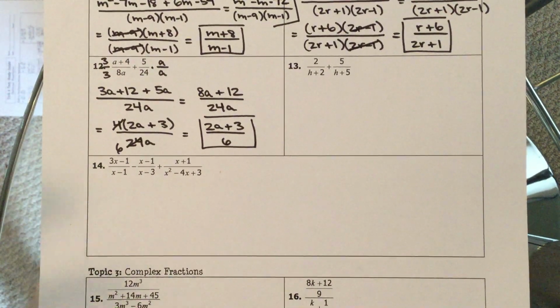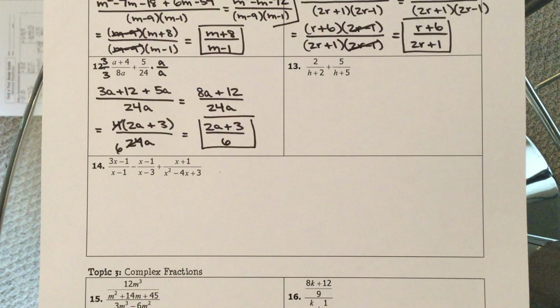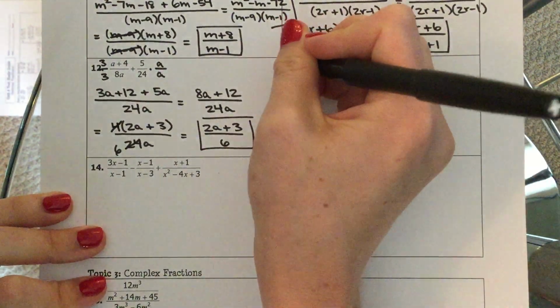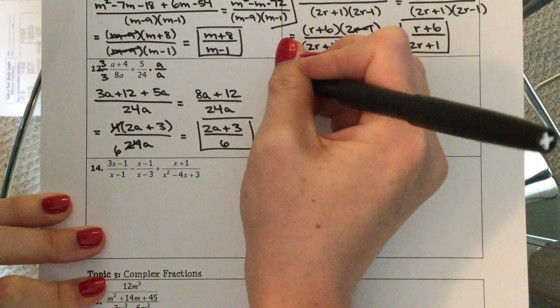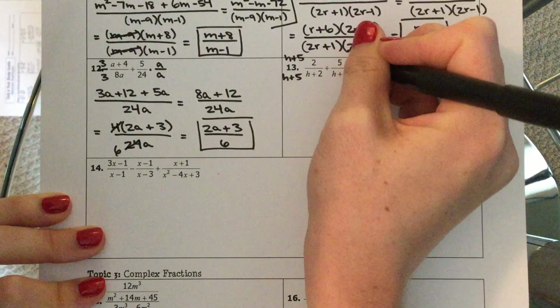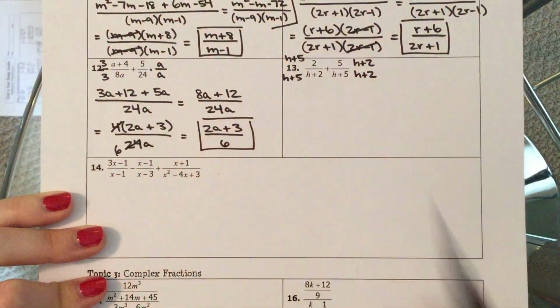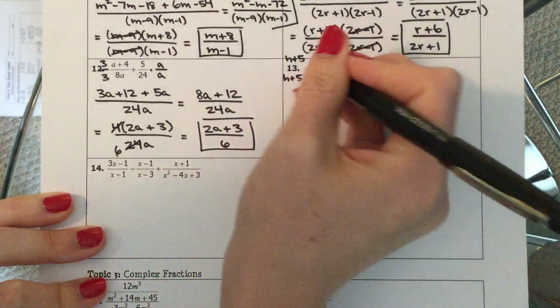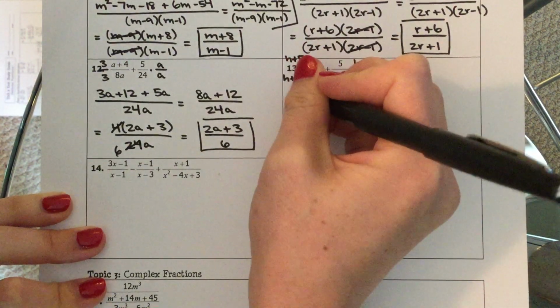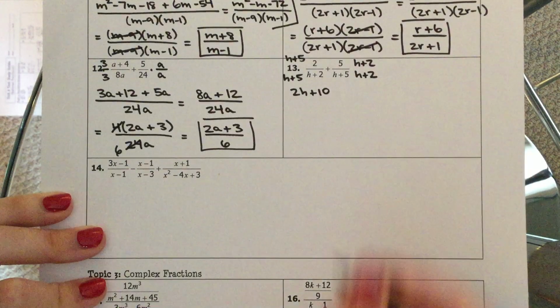Okay, 13, there's nothing to factor, but they're not the same denominator, so you just kind of multiply each one by the other one. This one I need to multiply by h plus 5, and then the one on the right I need to multiply by h plus 2. Then they'll each have the same 2 pieces in the denominator. On the left, distribute the 2 to the h plus 5.